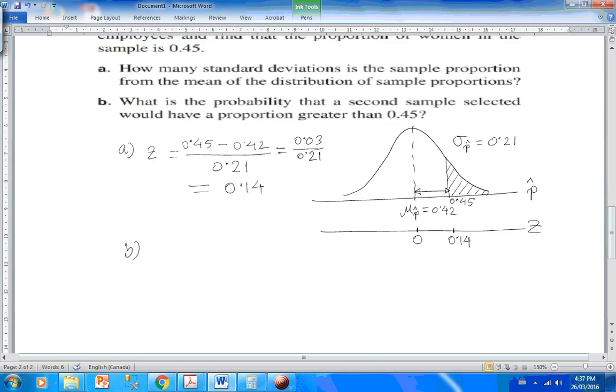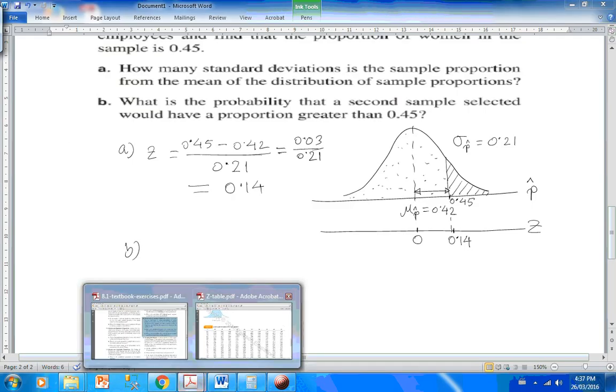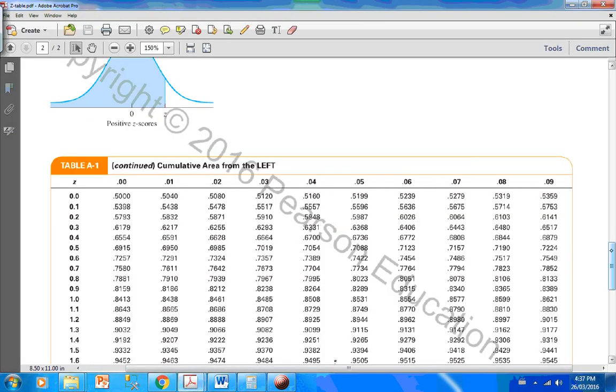So if I go to the Z table, I can figure out the percentile position of this 0.14, which will tell me the percentage of the area which is to the left of this 0.45. Let's figure that out first. So Z table and then 0.14. 0.1 is right here. 0.14 is the value that coordinates this 0.1 and this 0.04.